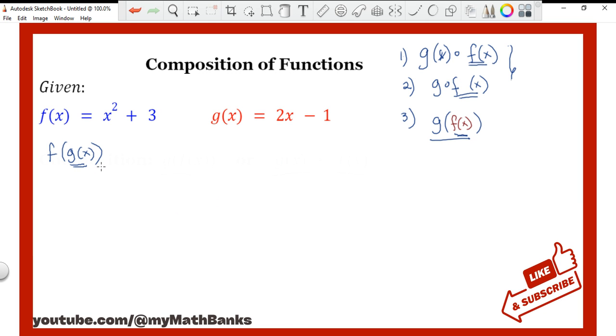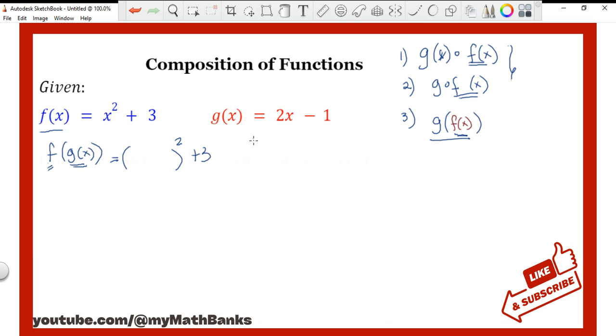That means you copy the outside function first, which is f of x. But instead of writing that x, I'm gonna replace it with parentheses squared plus 3. So every single time I see an x in the outside function f, I replace it with parentheses squared plus 3.